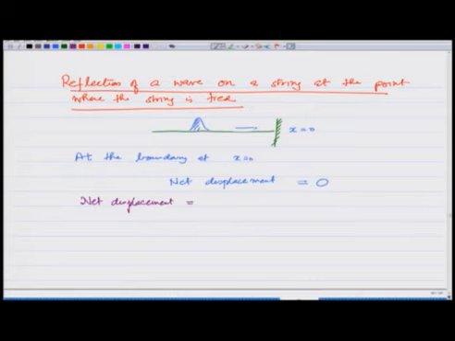And net displacement I know is equal to the sum of individual displacements.